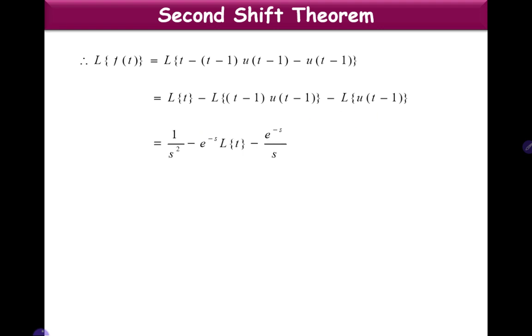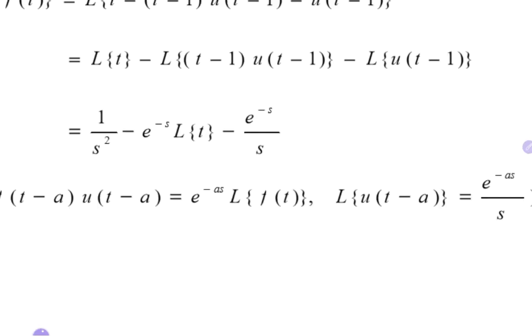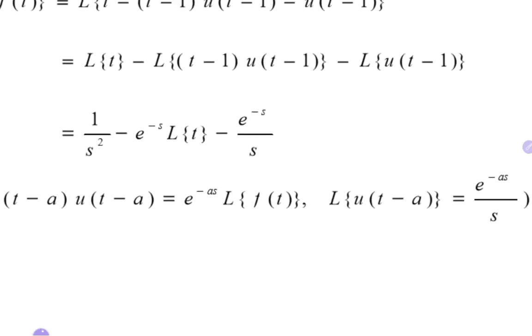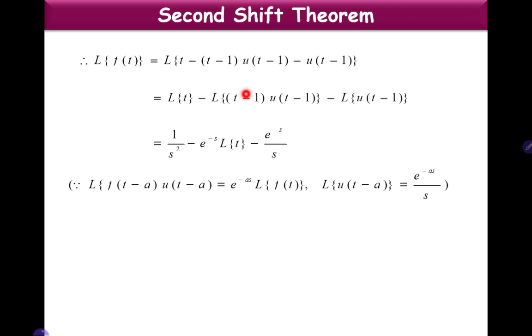L of t is 1 by s square, and the second shift property is this: L of f of t minus a into u of t minus a is e power minus as into L of f of t. In this case, a is equal to 1 here, and f of t is t, because f of t minus 1 is t minus 1 here. So e power minus s into L of t.